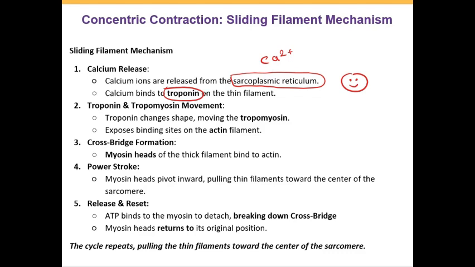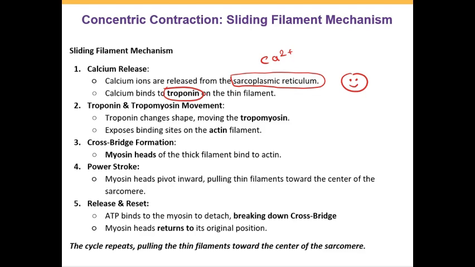Tropomyosin is the protein found on the actin filament blocking the binding site on the actin filament. Now after the release of the calcium and the shape change in troponin, the tropomyosin molecule shifts and exposes the binding site on the actin filament.